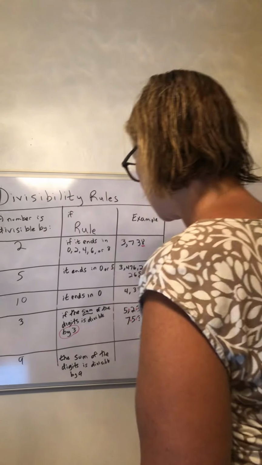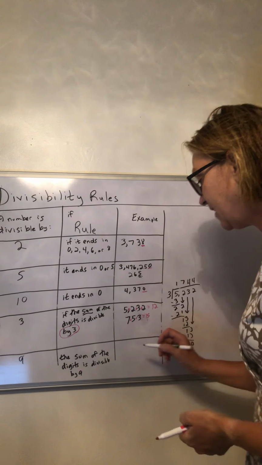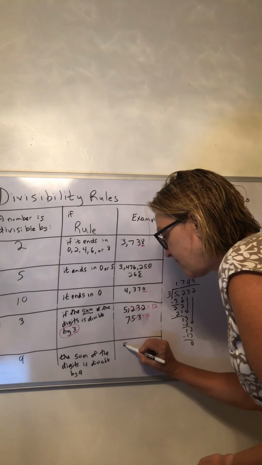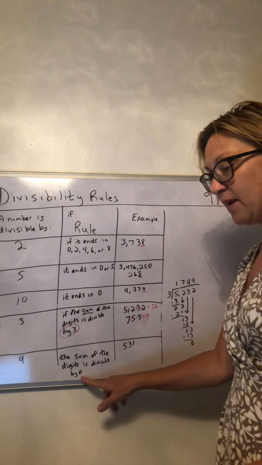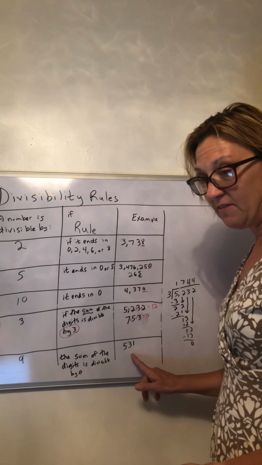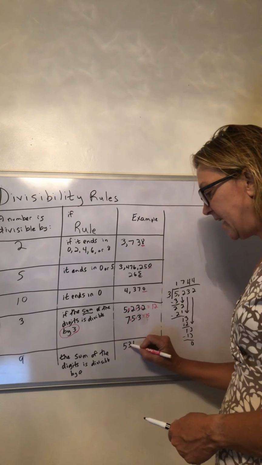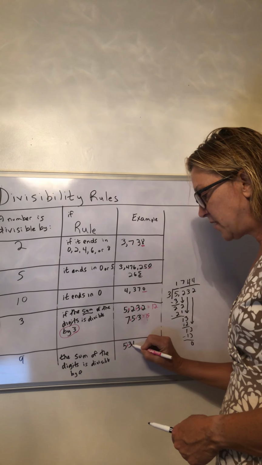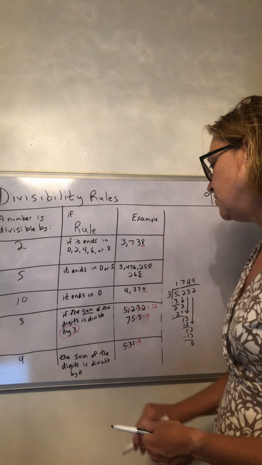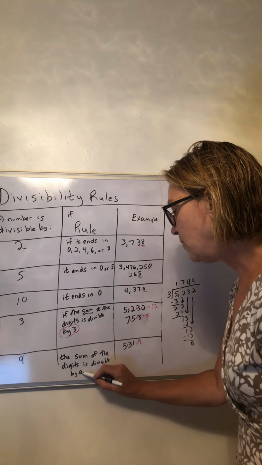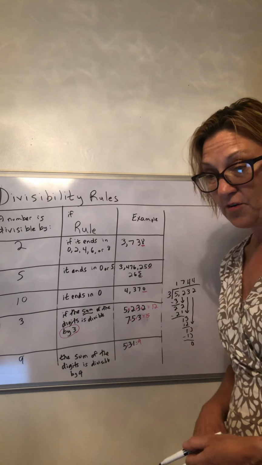Okay, so just like these, I'm going to make up a number and we're going to see if 9 will divide it evenly. So if I have 531, I wonder if 9 will go into 531 evenly. It can divide it without a remainder. So 5 plus 3 is 8, and 8 plus 1 is 9. And since 9 goes into 9 one time evenly, 9 will go into 531 evenly.